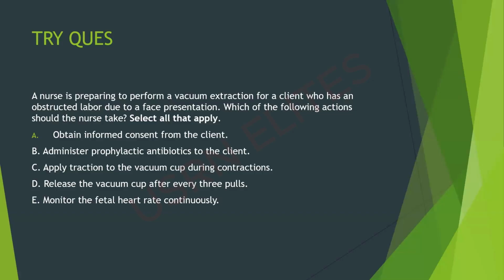So we also have to monitor the fetal heart rate for any sign of fetal distress, because that's one thing that we use the heart rate to assess. The heart rate will go up as well as the respiratory rate. So obviously, we are taking A as part, we are taking C as part, and we are taking E as also part of the answers.